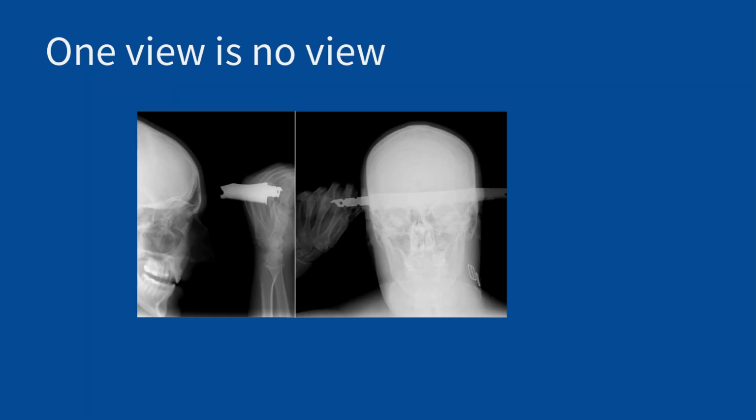So one of the most important clinical pieces that not everybody seems to know is that really one radiographic view is no view. I have here a couple of examples that really try to demonstrate this point, that you are looking at a 2D image that is a projection through exactly the area which your X-ray beam courses.